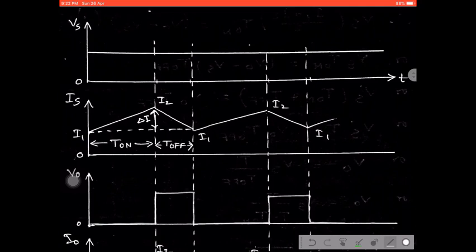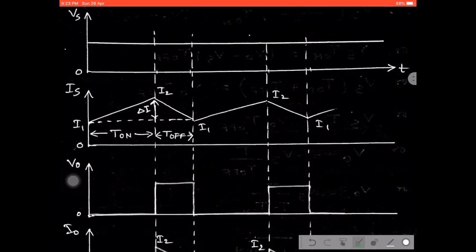That means the inductor current gradually increases from a low value to a high value during the on state. During the off state, the inductor starts discharging. So this is the waveform for the inductor current.